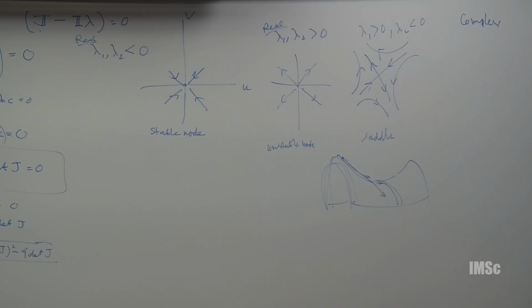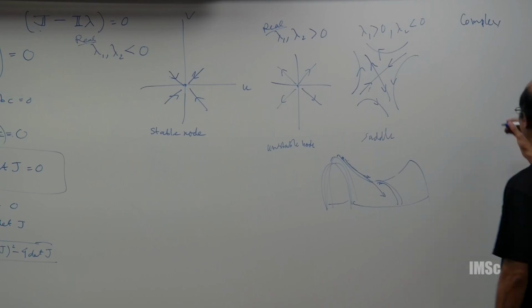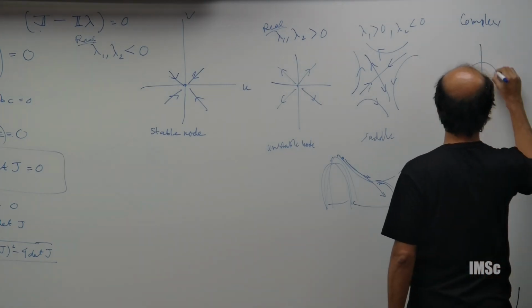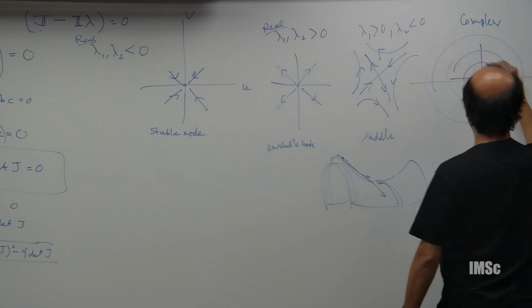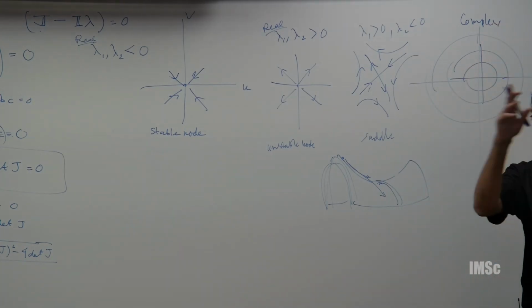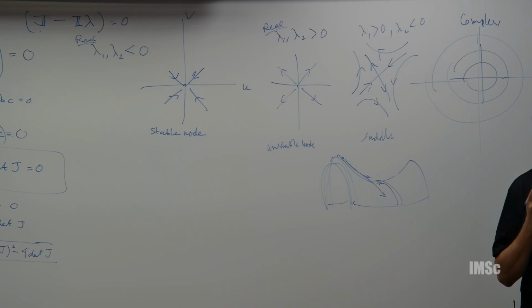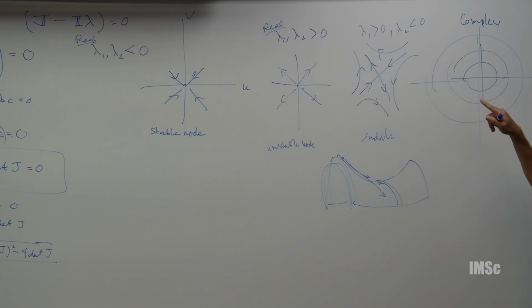What will it be? It's a circle, right? Because there is only a sine cos kind of behavior. Okay. What if p is real? So, if p is real and it is positive, what will you have? There is a cyclic component, but in addition because p is positive, it's also going outward, right?